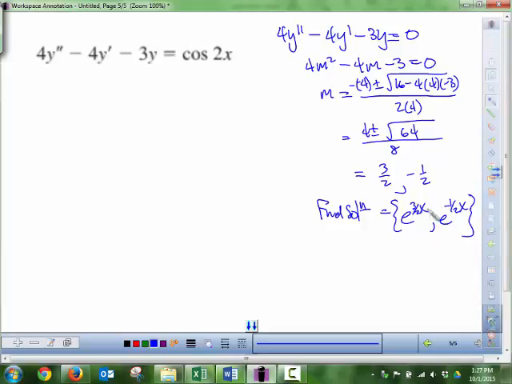I don't know if I'm telling you this explicitly, but as I'm finding the fundamental solutions, I'm also comparing them to make sure they're not linearly dependent with your g of x function.